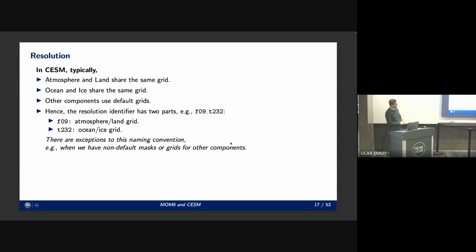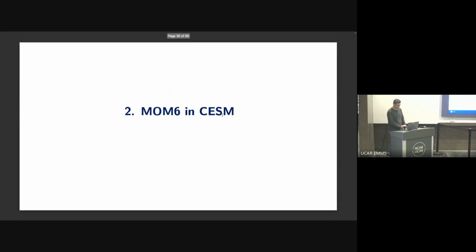The first part is the atmosphere land grid, F09 in this case. And then the second part is the ocean ice grid. T232 is our workhorse ocean MOM6 grid that we use for our global simulations. And there are some exceptions to this naming convention, but I'll skip that.